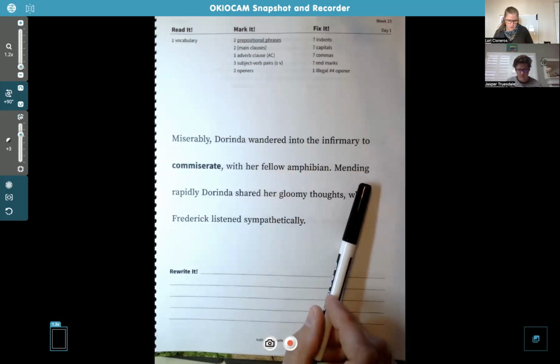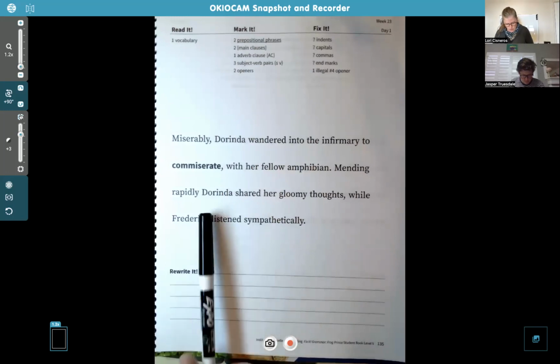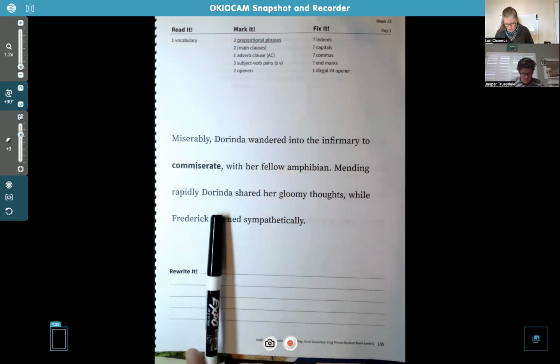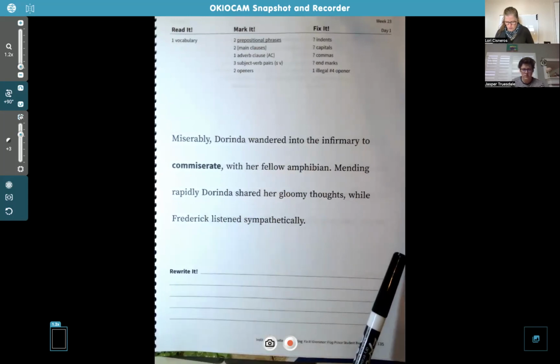I guess you would have to know the context, which would be what's happening before that. So Dorinda is not the one mending, it's Frederick that's mending. So this one is an illegal number 4 opener. So you'll have to change part of this.